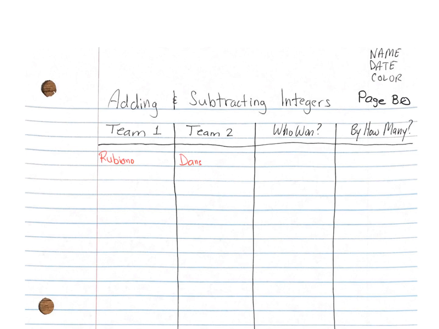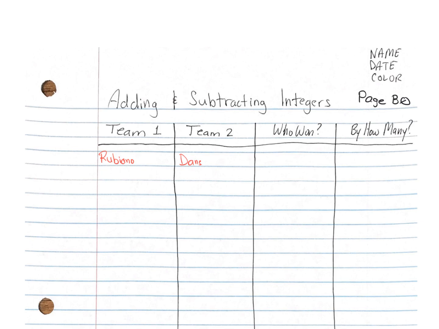All right, so we're talking about adding and subtracting integers. The way that we're going to review how to do this is we're going to use this idea of teams. So we're going to imagine that kind of like we're playing Fortnite. So let's say it was me versus Dan's, right? And we want to compare to see who got more kills and then by how many more kills did that person get.